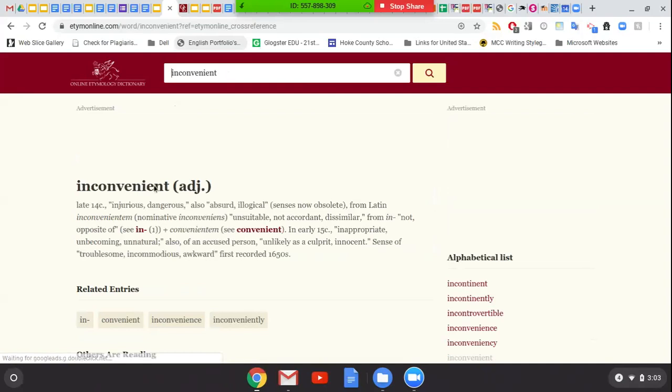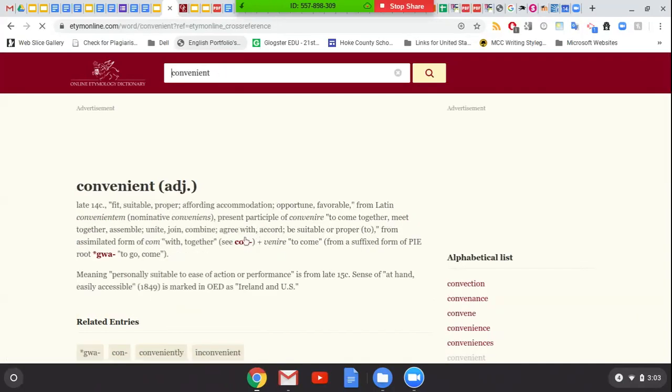Okay, now when I clicked on inconvenient, I can see that in is a prefix, and it means not or opposite of. And then convenient is the main part of that word, so it wants us to click on that. And when I click on convenient, I can see that there is another prefix. It tells me that con comes from com, which means with or together, and it says see con.